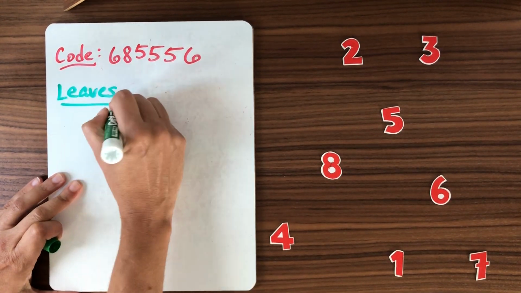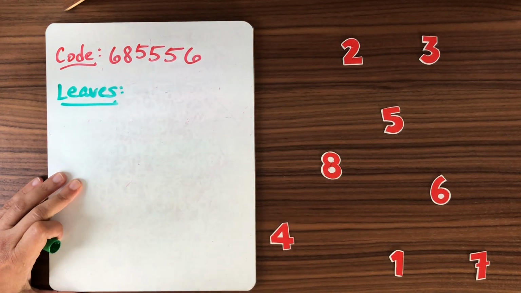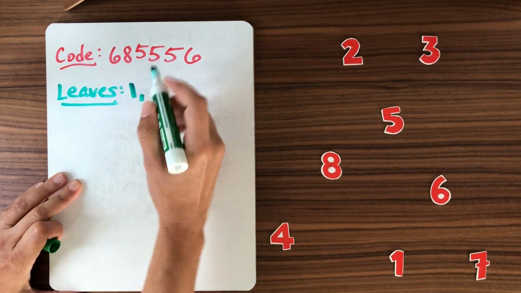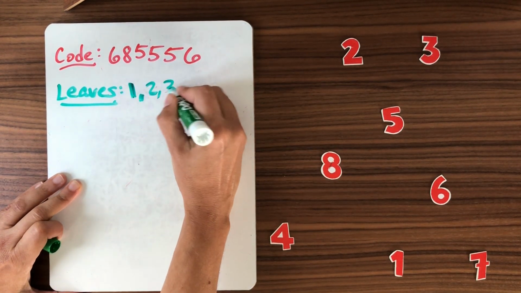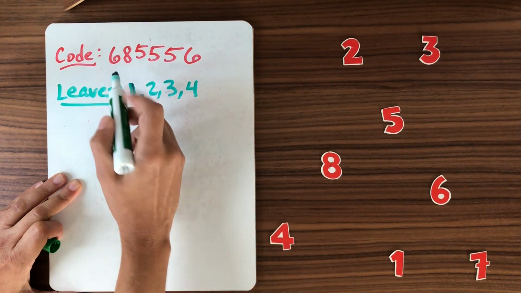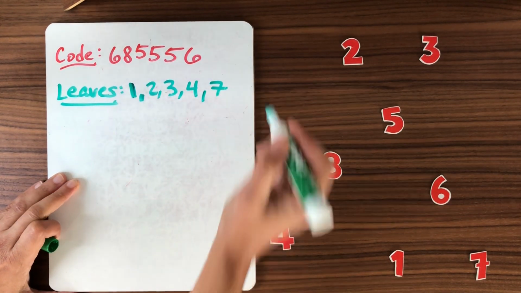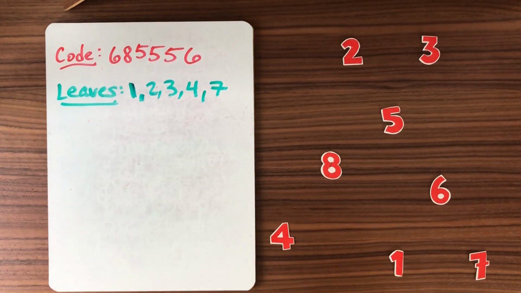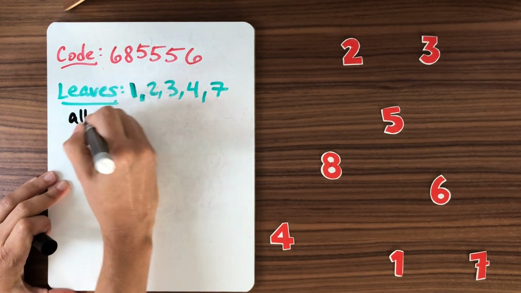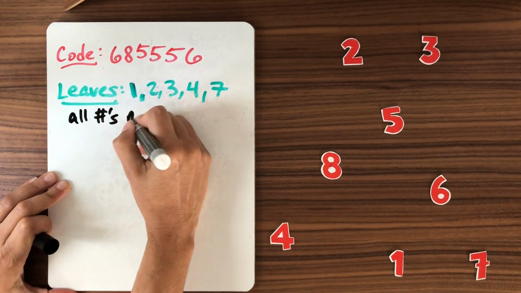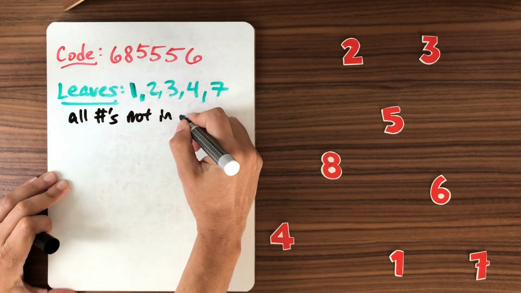If I think about this as coming from a Prüfer code, my leaves are the numbers that don't appear. So 1, 2, 3, 4, not 5, not 6, 7. These are my leaves, okay? The numbers that don't appear. So these are all the numbers not in the Prüfer code.